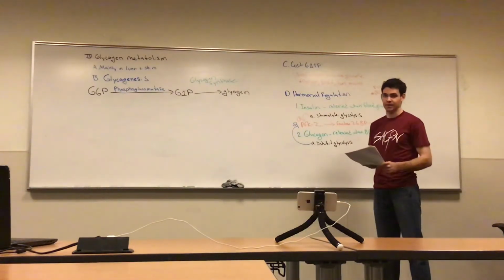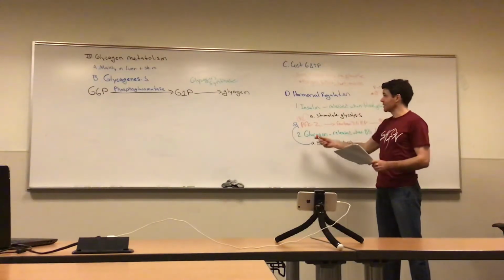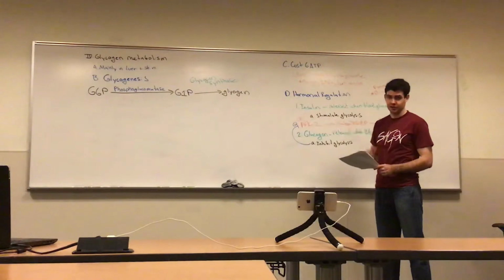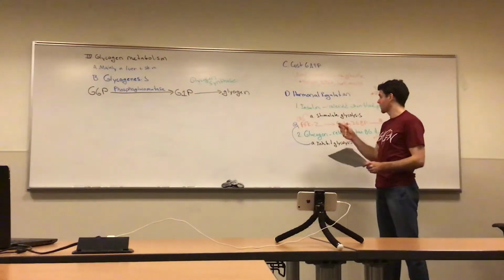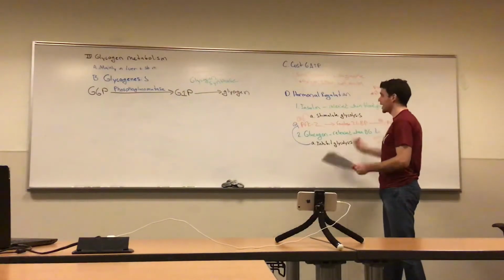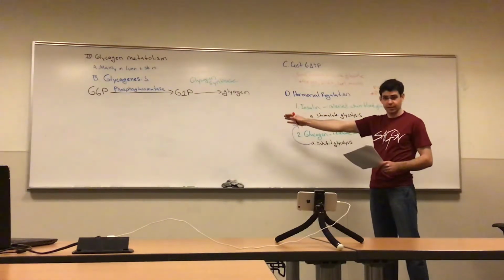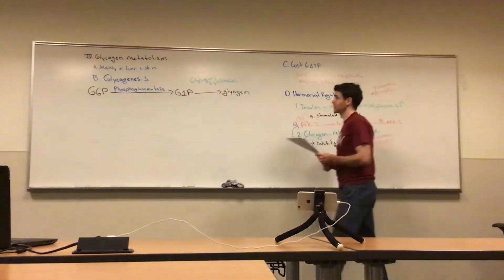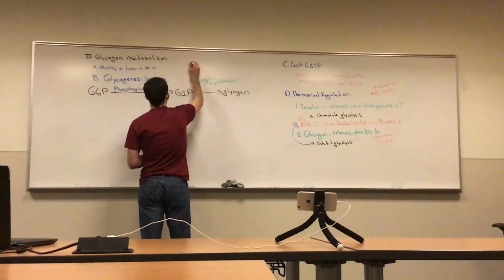We're building. So is insulin then going to help us build glycogen? Yes, because blood glucose is high and we want to store it. So insulin's going to be our friend here in glycogenesis.